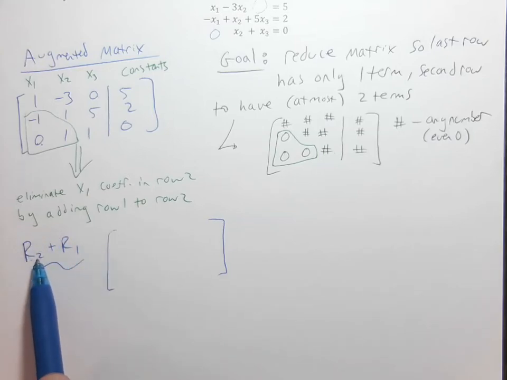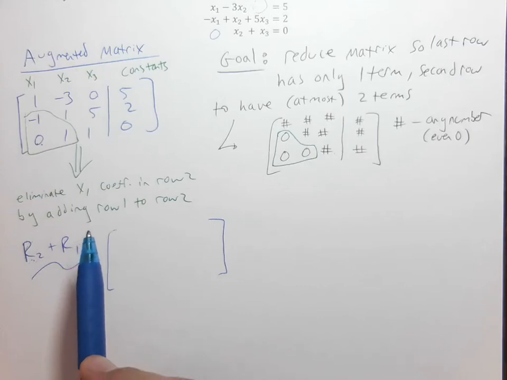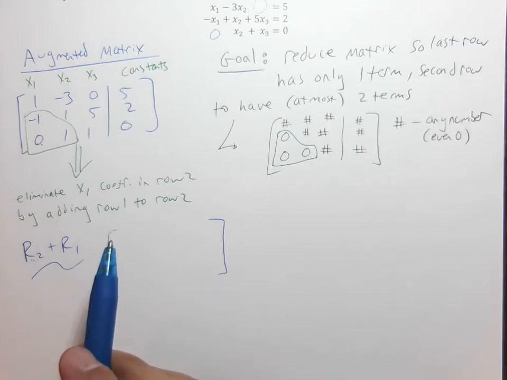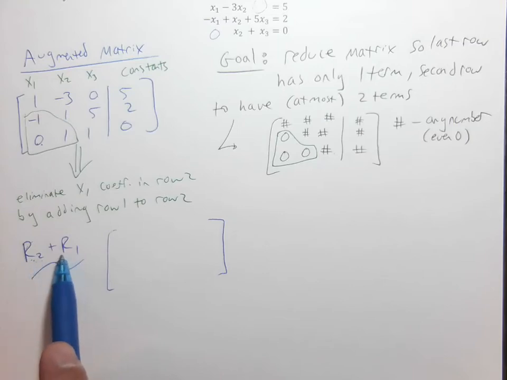You write down the row you're changing first. So I'm going to change row 2. What am I doing to it? I'm going to add to it row 1. This is really important for grading purposes because I want to see the steps that you're doing, and it's hard for me to guess what steps you did without you writing that down. But it's really important for you because if you mess something up, which these are very easy to mess up, you want to be able to go back and double check what you did, and you want to have a good notation about what you did.